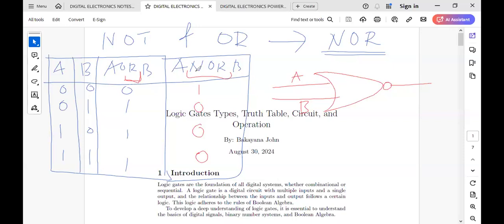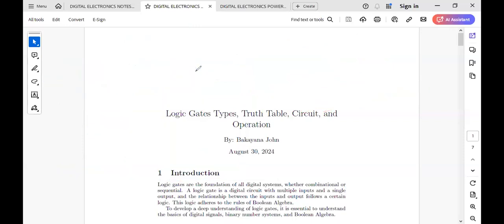Okay, so let us go to something else. There is some other one. It's called XOR, exclusive OR. So what does exclusive OR do?